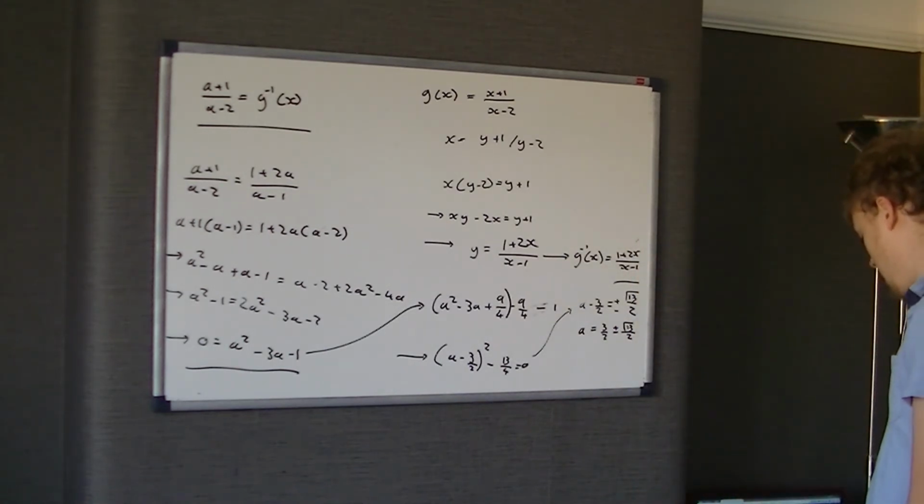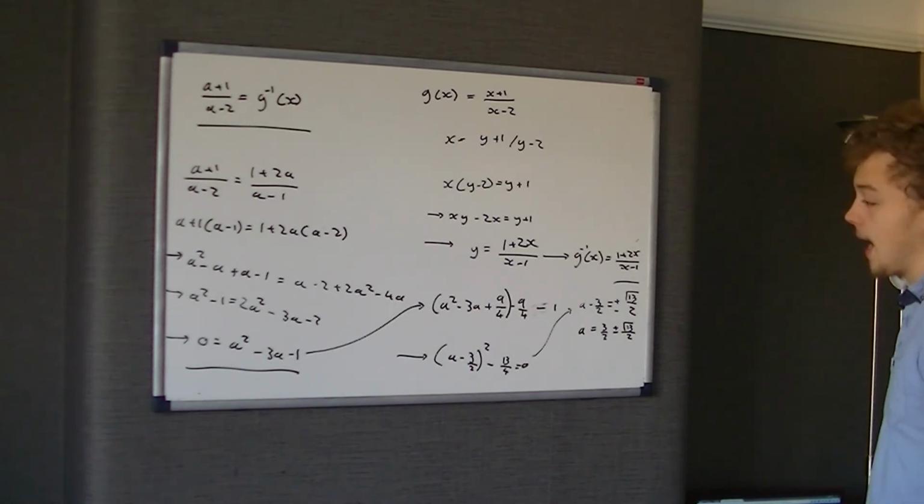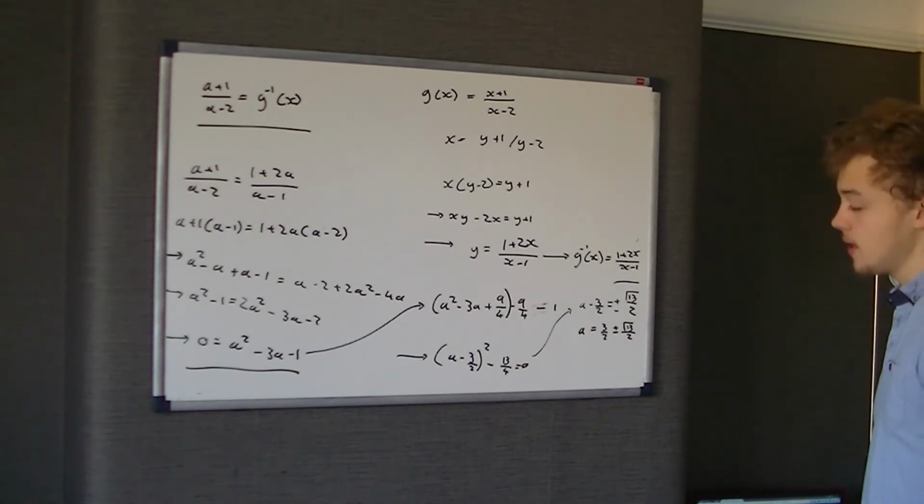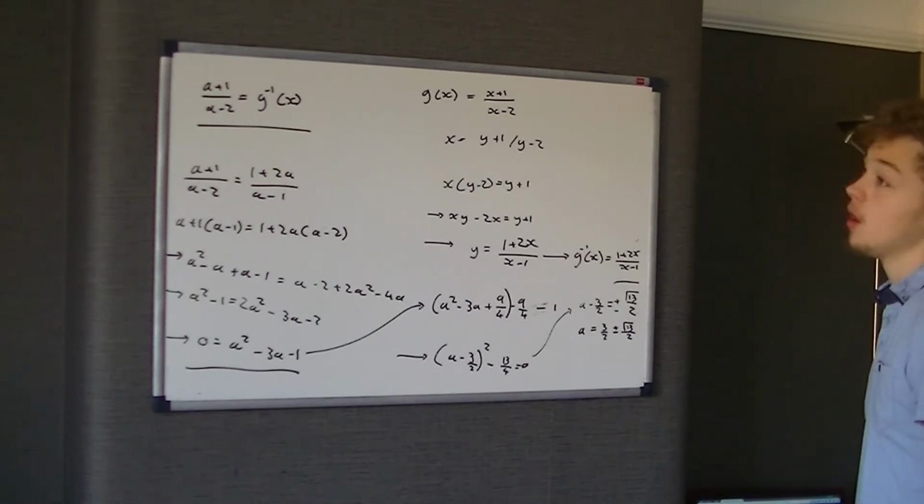However, as we are told at the beginning of the question, a is larger than 3. And if a is larger than 3, you have to think realistically, what is root 13 over 2?